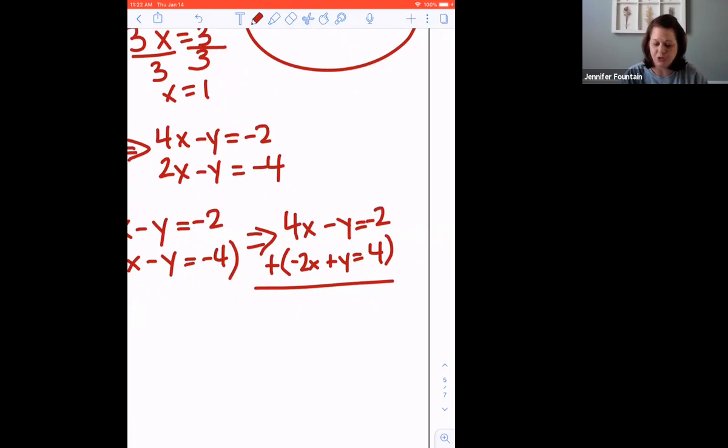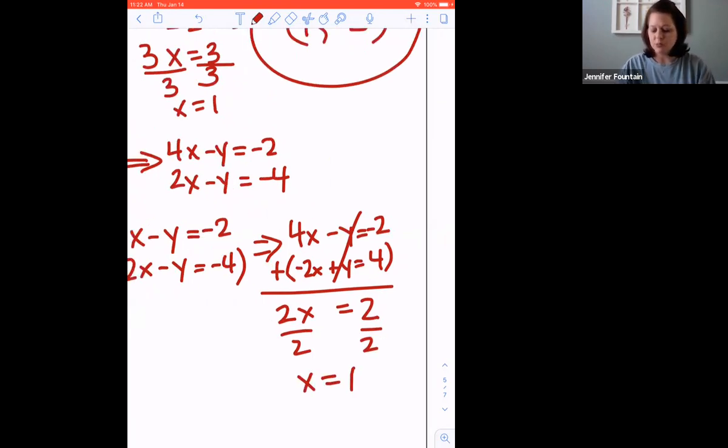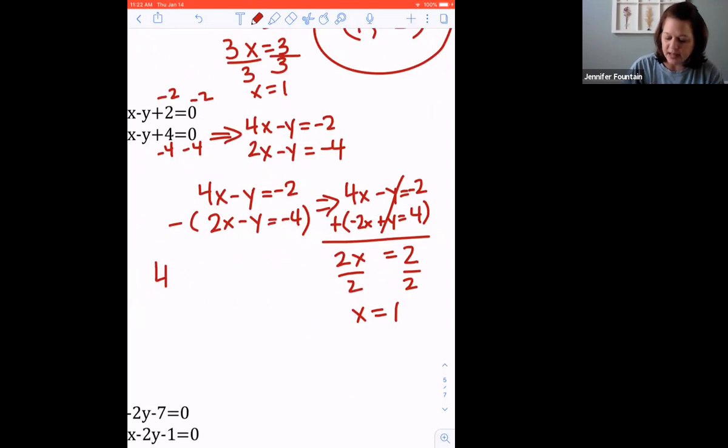Now I'm going to add them up. 4x plus a negative 2x is 2x. My negative y plus y cancels out, equals negative 2 plus 4. Negative 2 plus 4 is going to give me a positive 2. So now I have 2x equals 2, divide by 2, divide by 2, and x is equal to 1. If x is 1, I'm going to plug it in to 4x minus y equals negative 2.